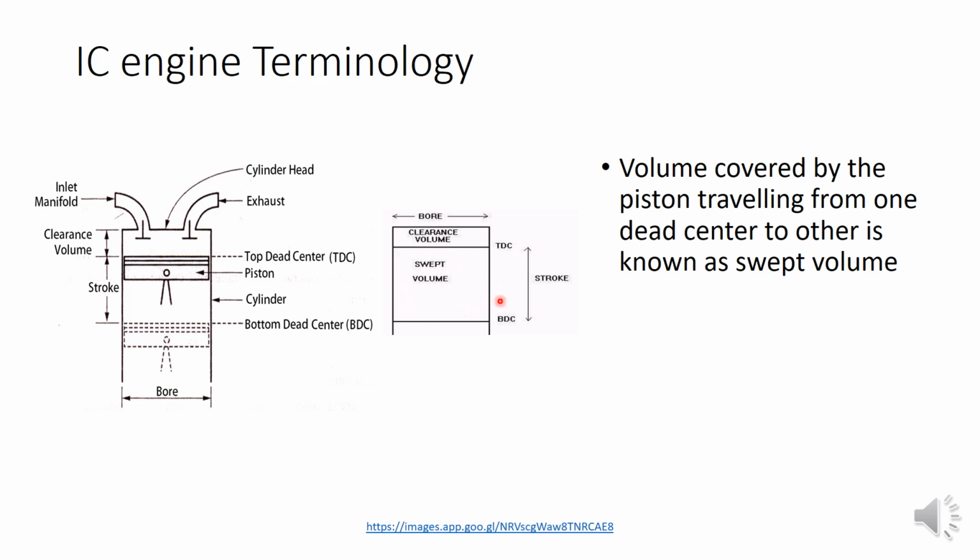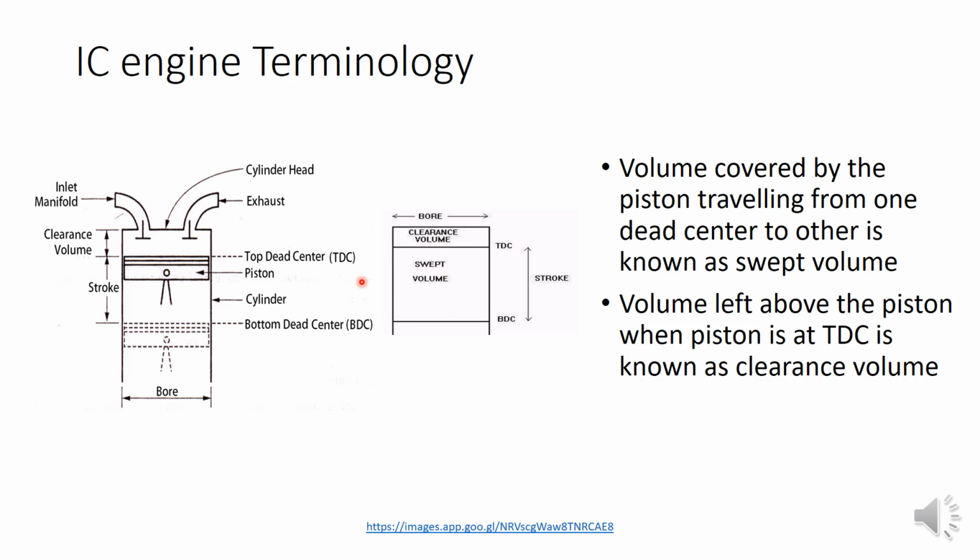As the swept volume increases, we can incorporate more air-fuel mixture and burn more fuel, so power will increase, but mileage will be reduced. You can see the power of Pulsar 250 is more than that of Pulsar 150, but mileage will obviously be more for Pulsar 150. That is the general relation with respect to swept volume.